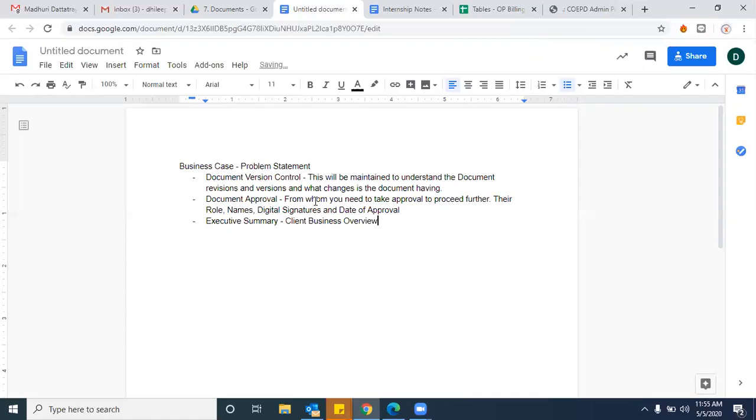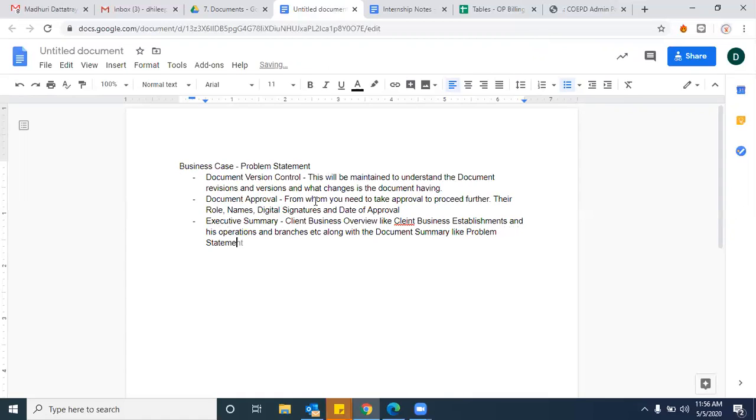Like client business establishments and his operations and branches, all these things, etc. Along with the document summary, like this business case document, what it is telling us: the problem statements, which we already discussed, right?